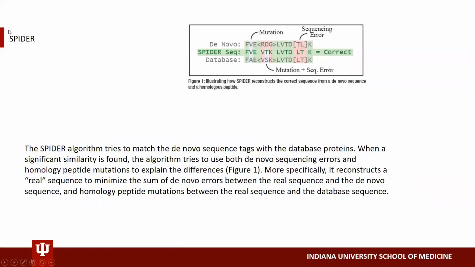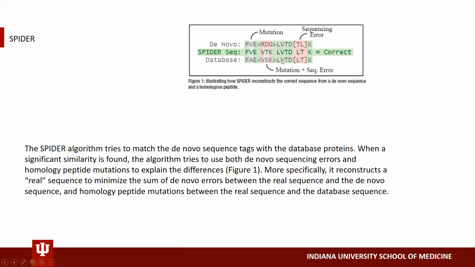Spider is also a really interesting tool. That happens after Peaks PTM, and it's still taking these de novo sequence tags that have high scores, and then it's aligning them with your database sequence.